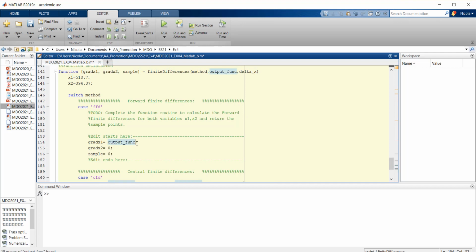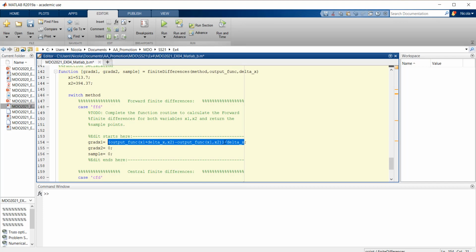Okay, so output function of x1 plus delta x, and we keep x2 fixed, minus output function of x1 and x2, and then over delta x.